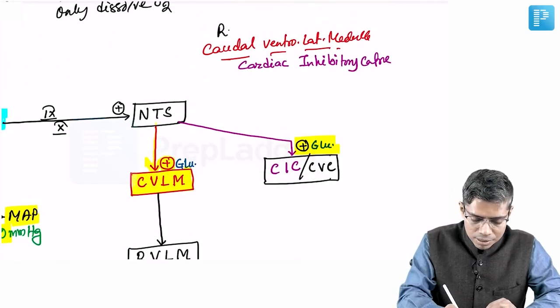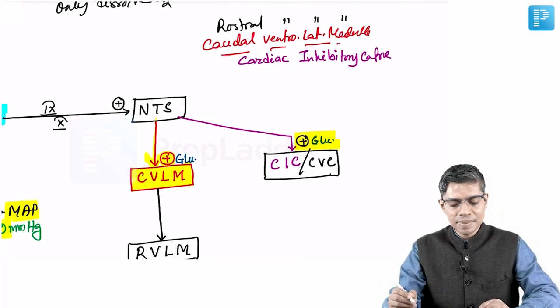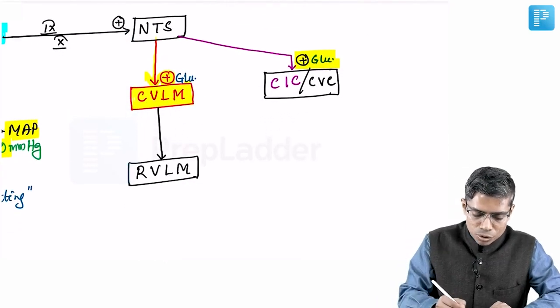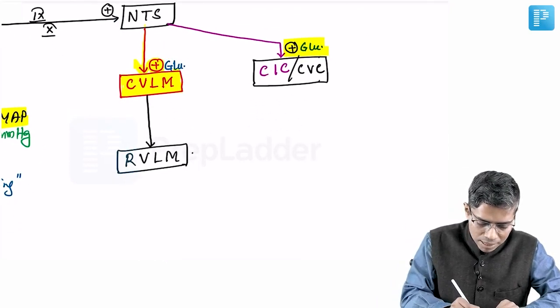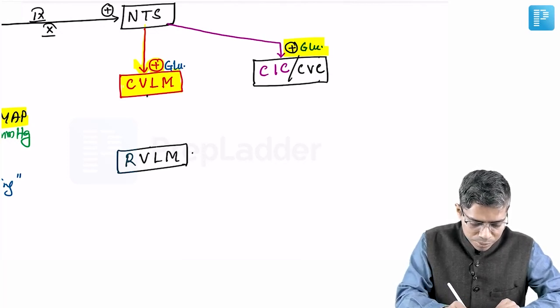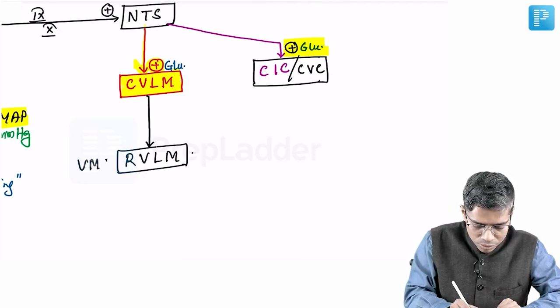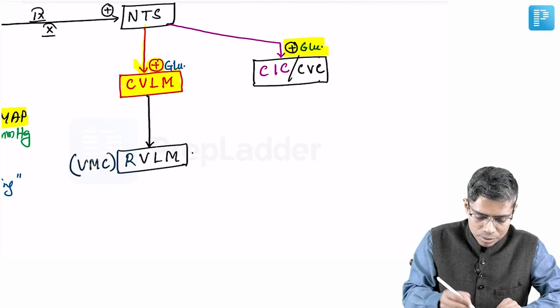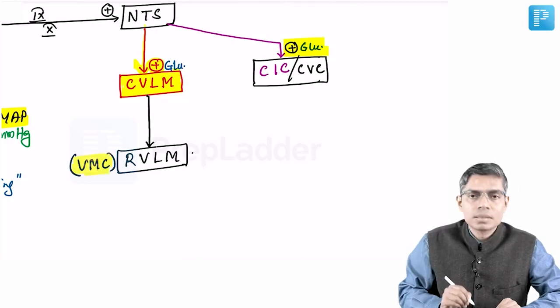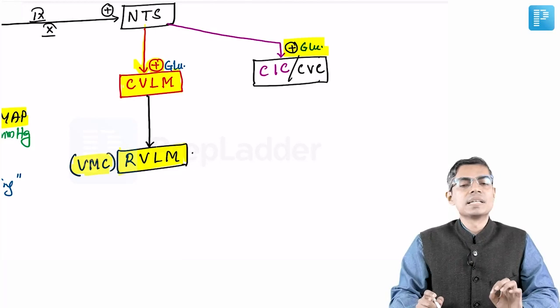R is rostral, so rostral ventrolateral medulla, RVLM, which is also known as the vasomotor center, or VMC. Please note down, vasomotor center was the old name. Now it is known as the RVLM, or rostral ventrolateral medulla.